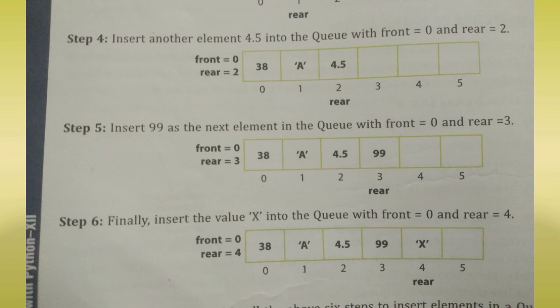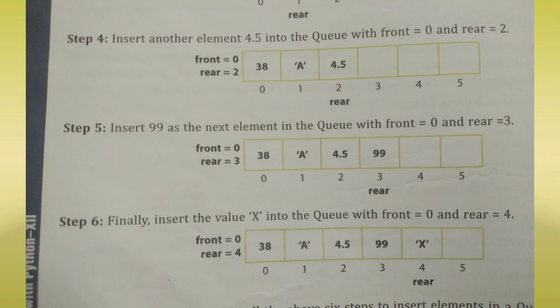Did you understand what I said? In the first step, 38 is inserted, with rear 0 and front 0. Then A is inserted and rear is incremented by 1. Then 4.5 is inserted and rear is incremented again, becoming 2.